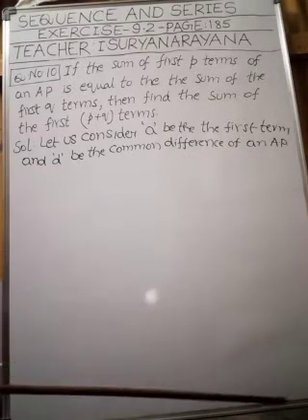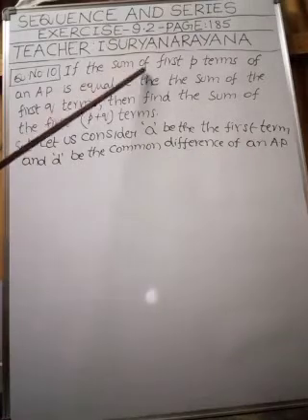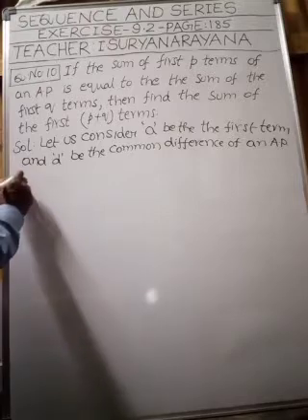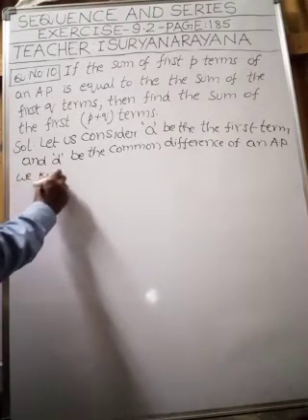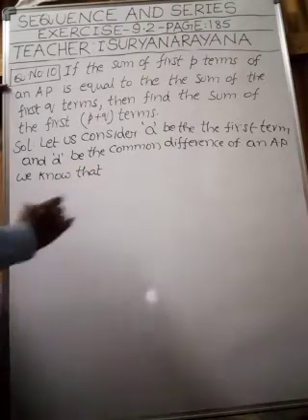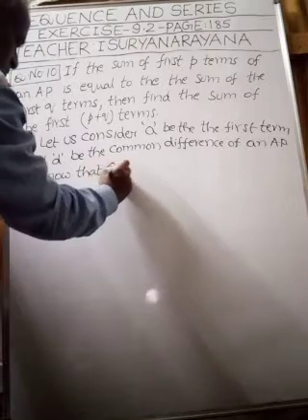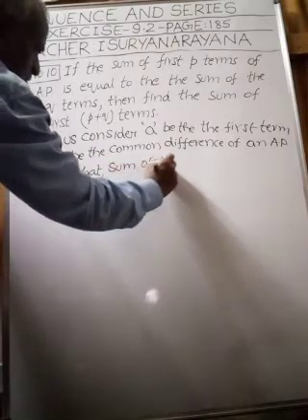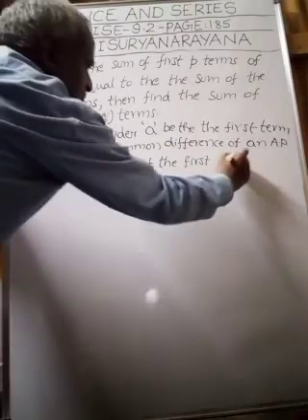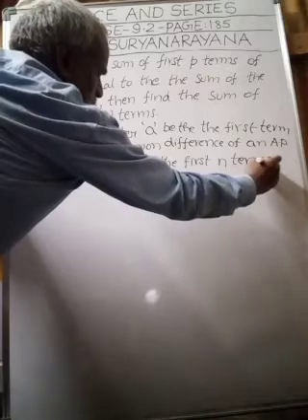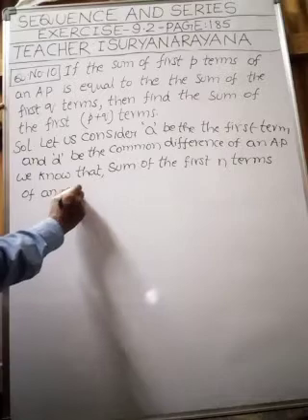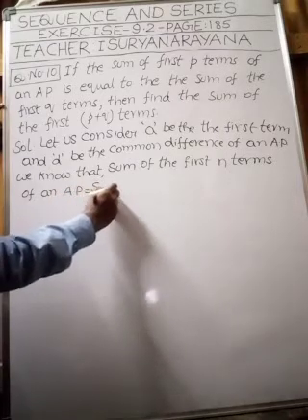Okay, my children. So for this arithmetic progression, sum of the first n terms. We know that the sum of the first n terms of an arithmetic progression is denoted by Sn.